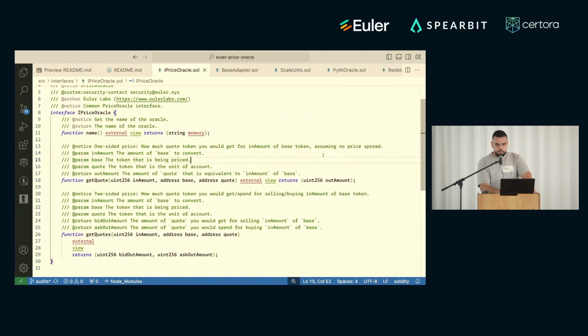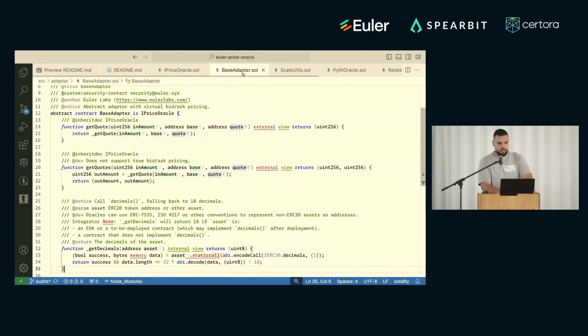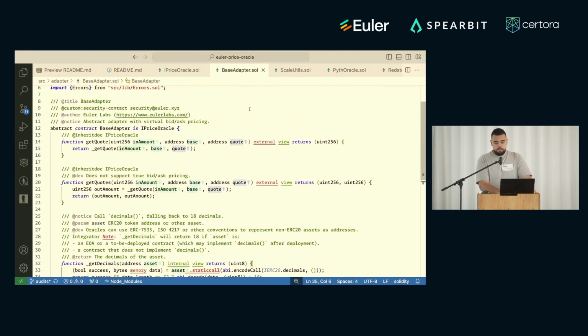And so now that we understand the interface, let's take a look at BaseAdapter. This is sort of the abstract base class that all adapters in this repo will implement. Now I'm throwing out some terms here. An adapter is basically an Oracle integration.